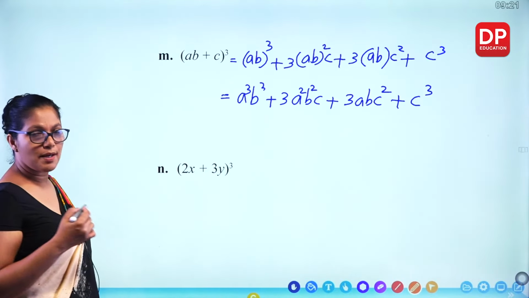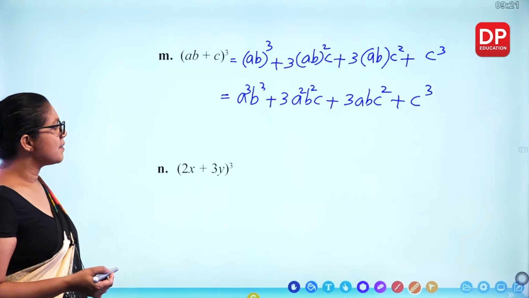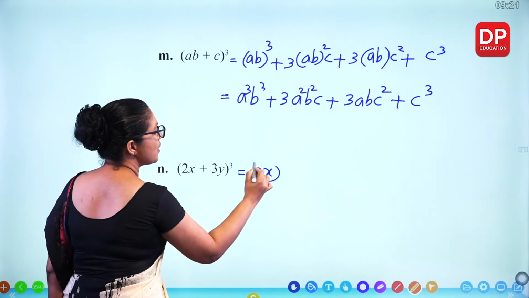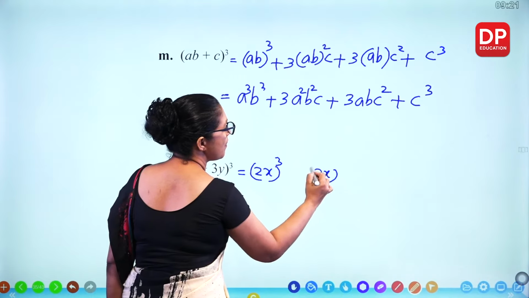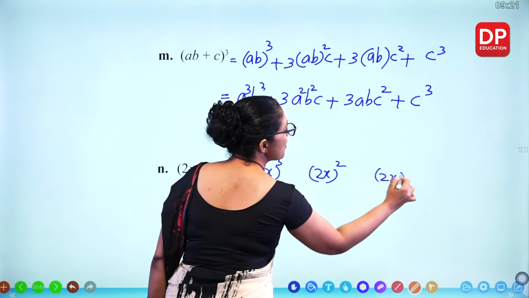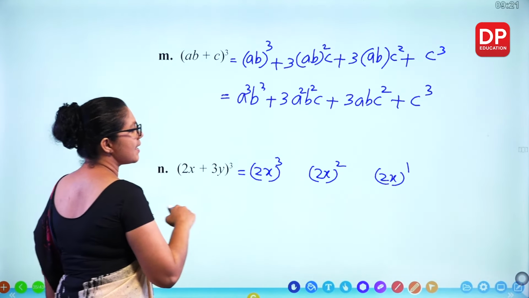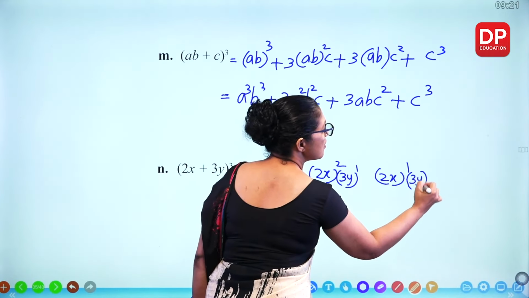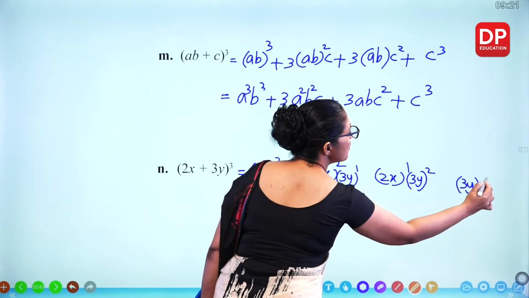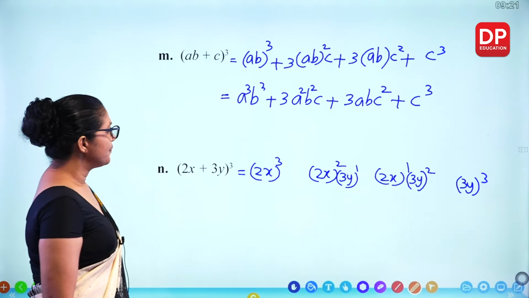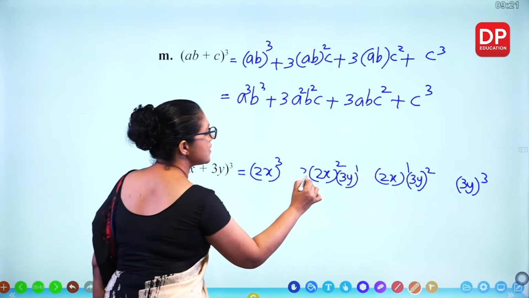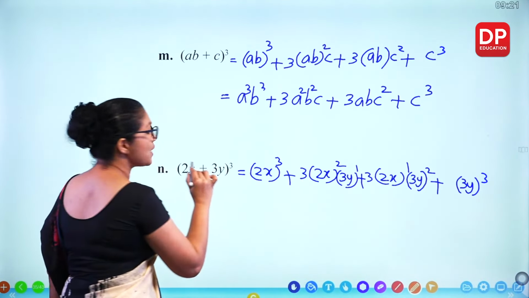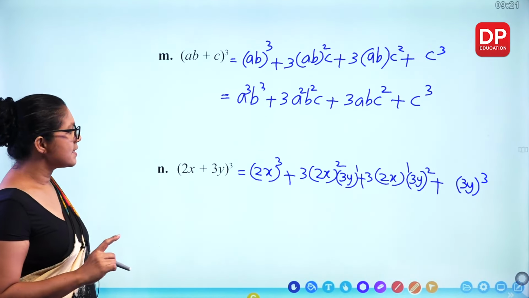This one, first term is 2x and the last term is 3y. So you get 2x to the power 3, 2x to the power 2, 2x to the power 1. The last term starting from here, 1, 2, 3. Then what's the next one? You put 3's. And then all terms positive because the middle sign is positive.